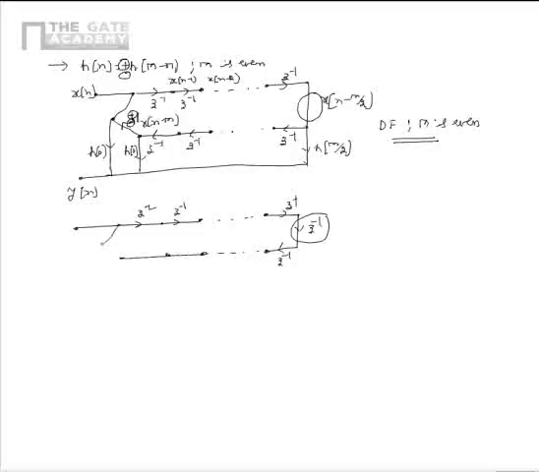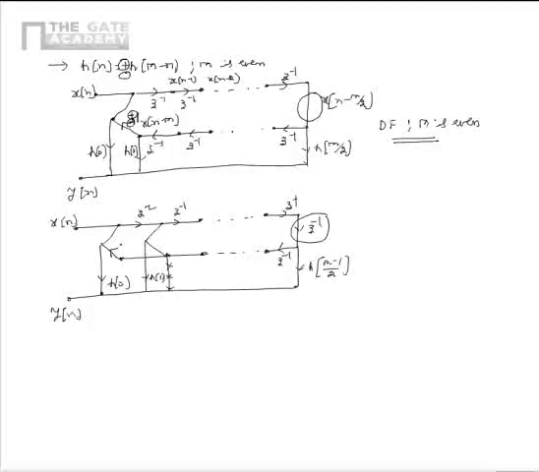Now the different signals are weighted by h of 0, sorry, h of 1, and so on till h of (m minus 1) by 2. Now these signals are added to get an output of y of n.